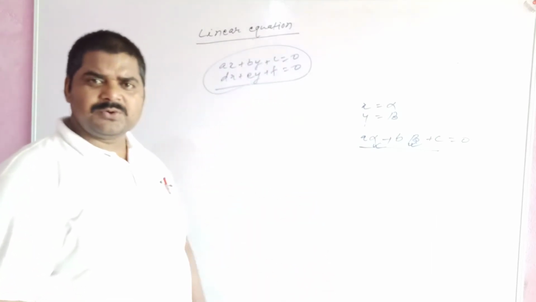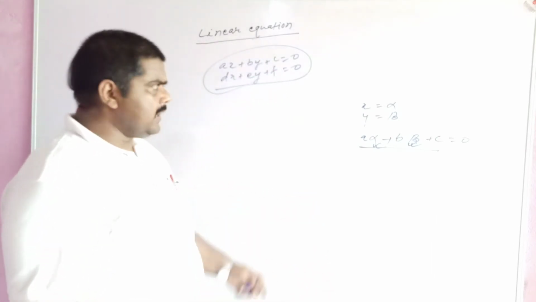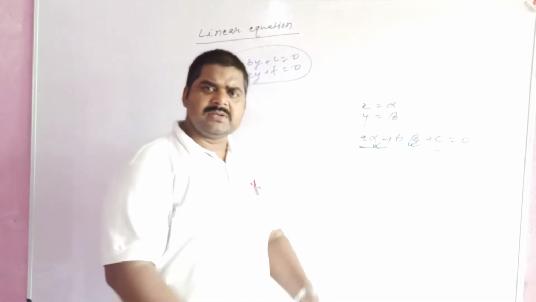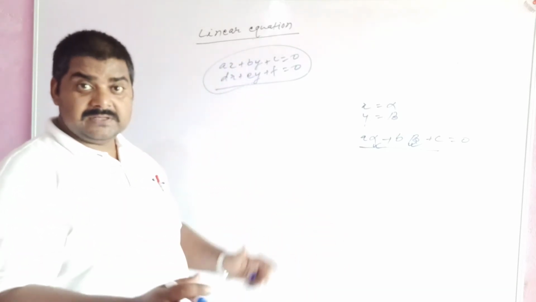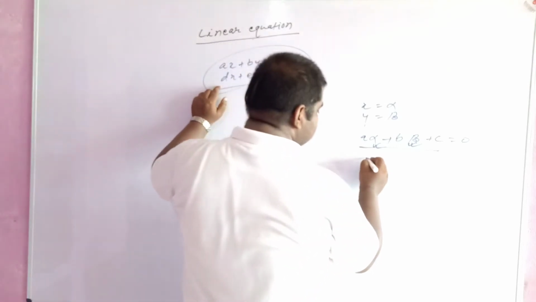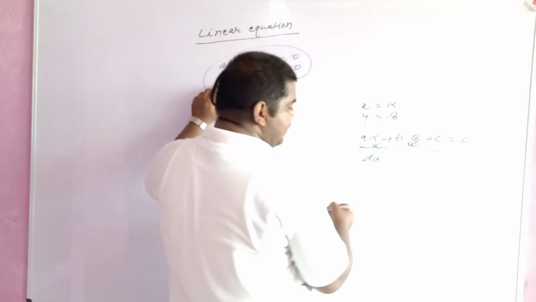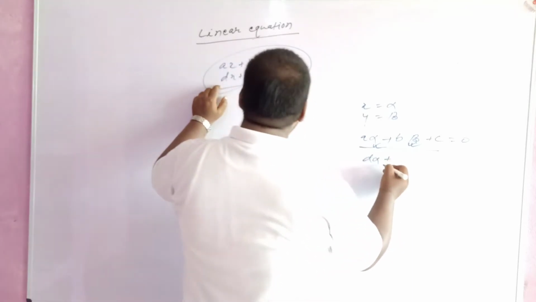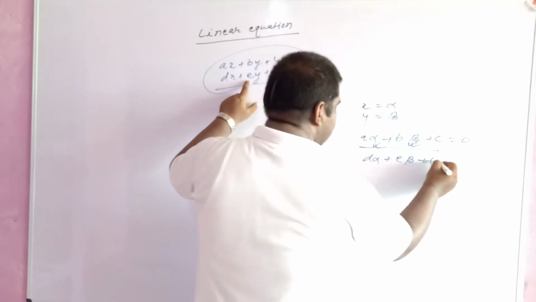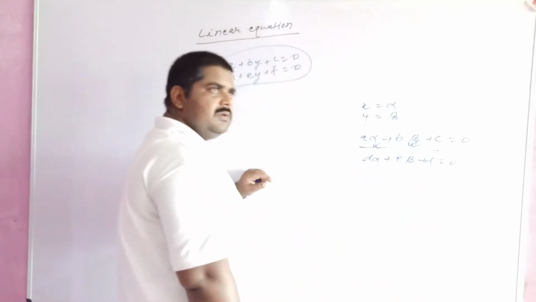You may ask that, sir, there are two equations, no doubt. If you put them in the second, then if it is the solution of the equation, means d alpha, in place of x you write alpha, and in case of e you put beta plus f, then it is also equal to 0.